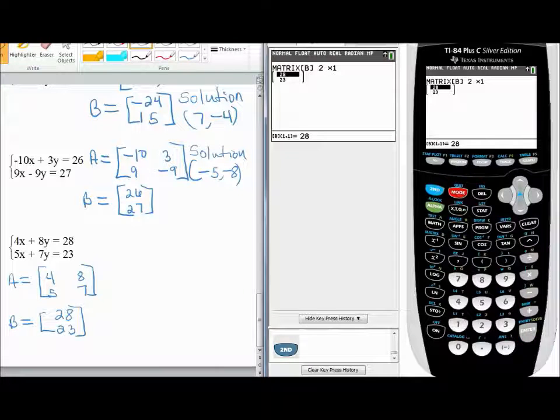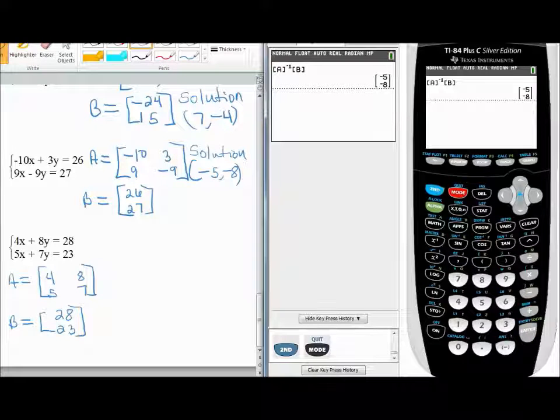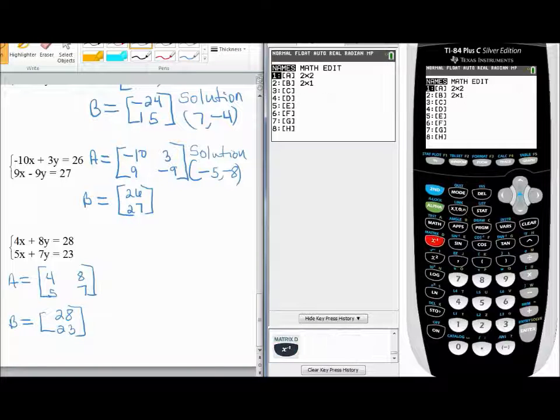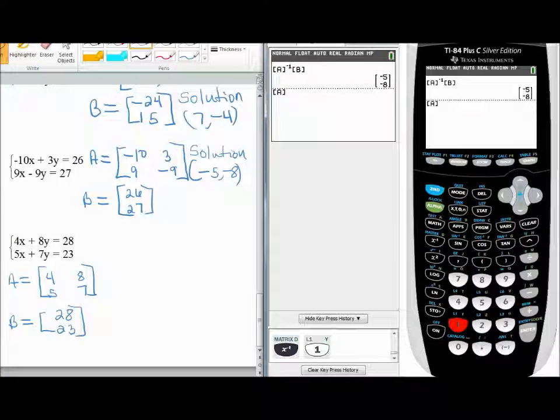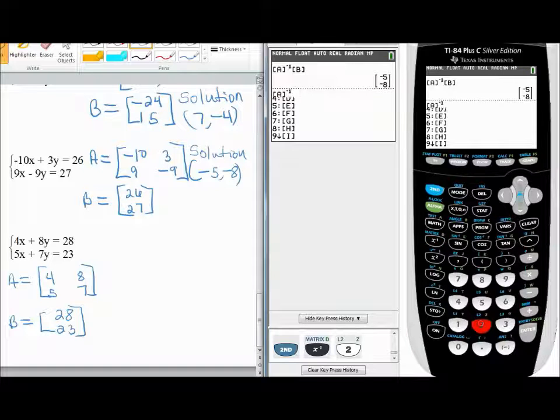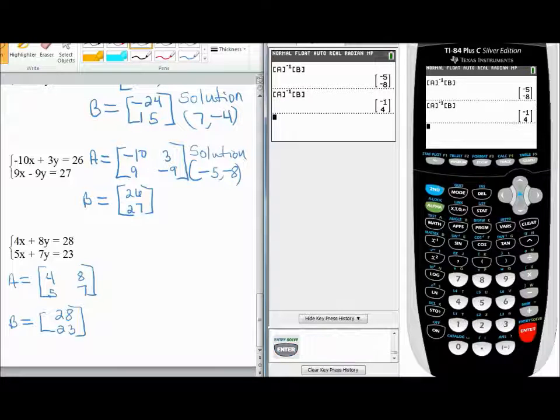Now I'm ready to go to my home screen, and I'll hit second matrix number 1, the little inverse key that's right under math, then second matrix number 2, and then I'll hit enter again. My x value is -1, my y value is 4. So my solution here is -1, 4.